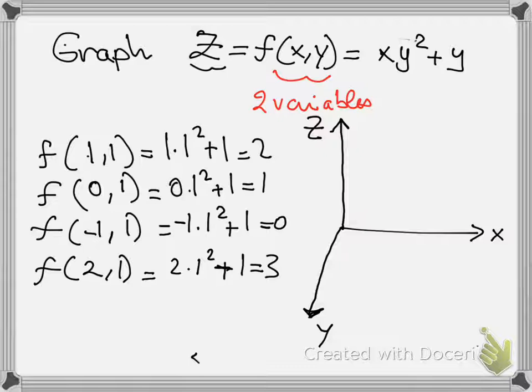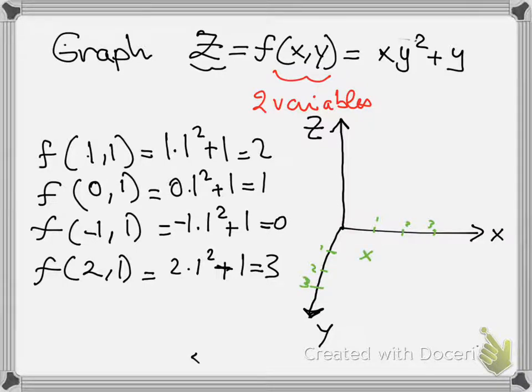Now, I'm going to plot these points. How do we plot these points? Well, first, f of 1, 1 is equal to 2. So what I'm saying here is that if x is equal to 1 and y is equal to 1, where is the point 1, 1 here? Here's my point 1, 1. Let's say this is 1, 2, 3, this is 1, 2, 3. So here, this is the point 1, 1, right?